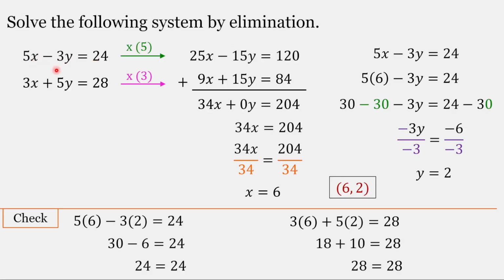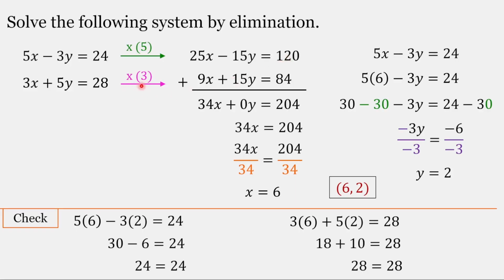So for this first problem, turns out the least common multiple for the x variable is 15, and the y variable is also 15. I chose to eliminate, in this case, the y variable. I did so because one of the coefficients was negative and the other was positive. So we can multiply both equations by a positive number. So multiplying the first equation by 5, we end up with 25x minus 15y equal to 120.